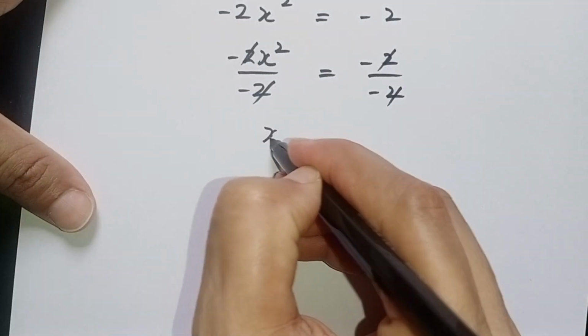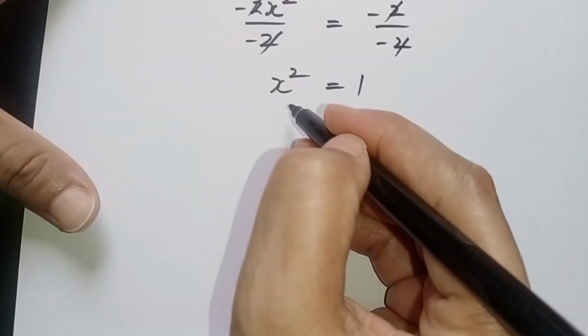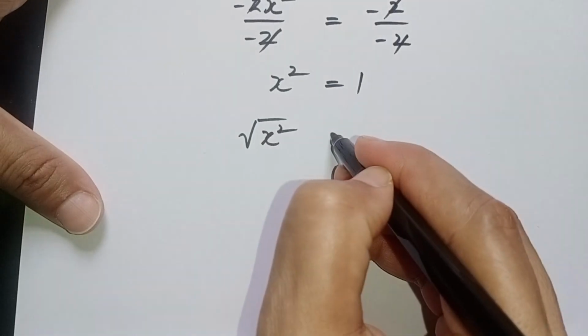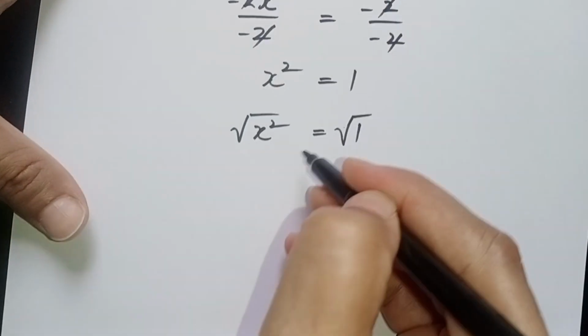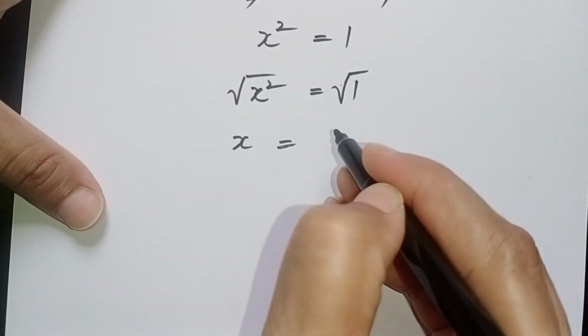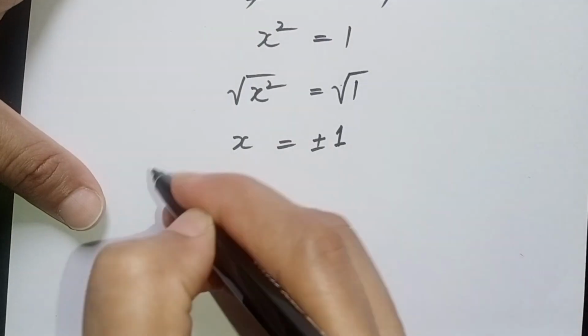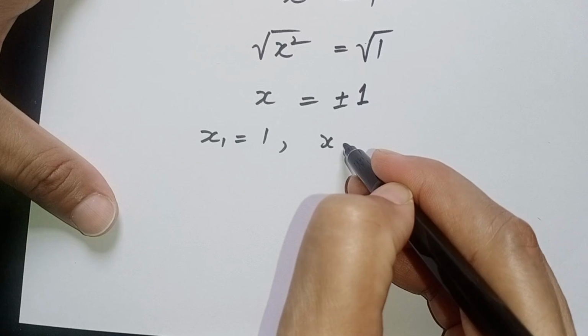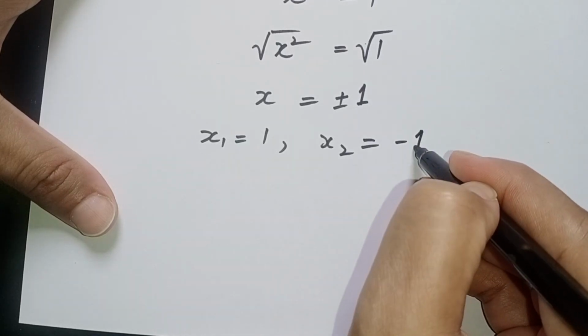We will get x squared is equal to 1, and taking the square root on both sides, we get x is equal to plus or minus 1, so x1 is equal to 1 and x2 is equal to minus 1.